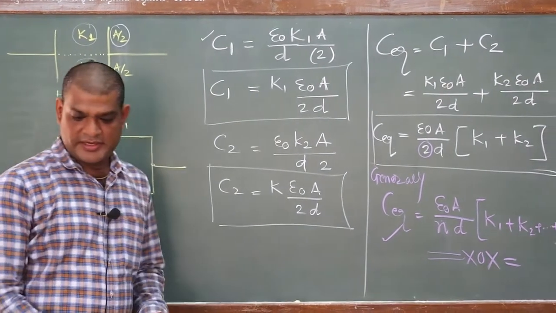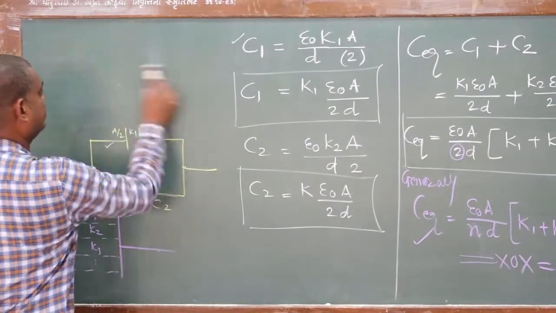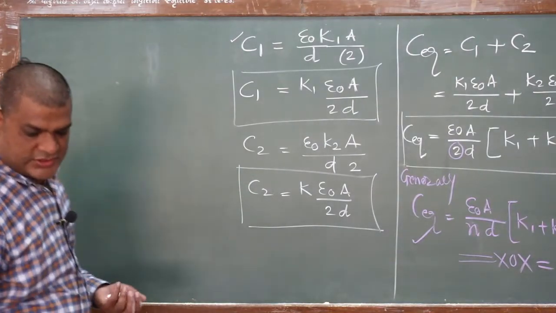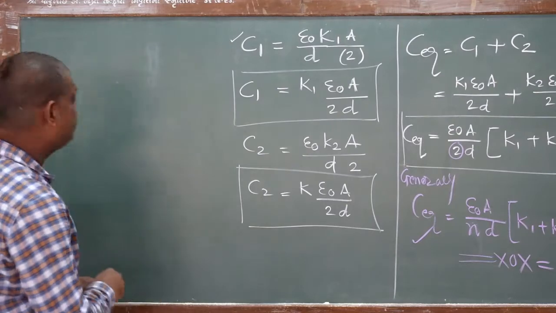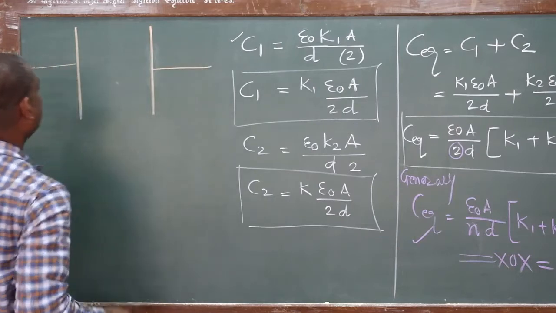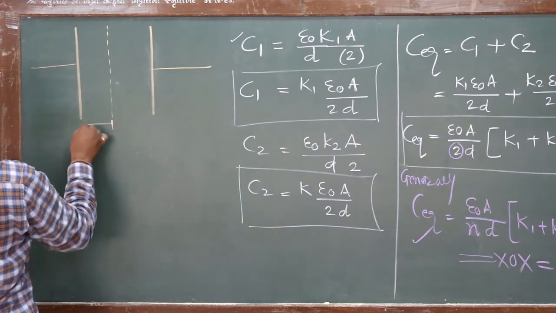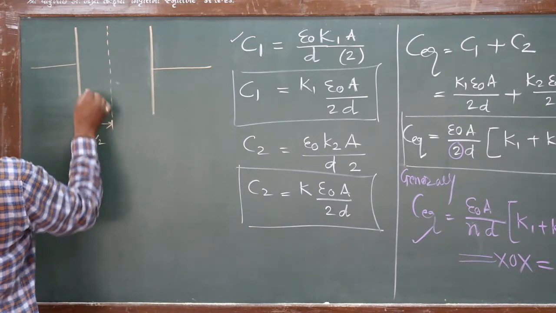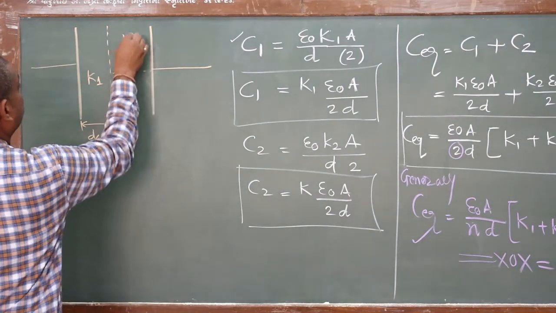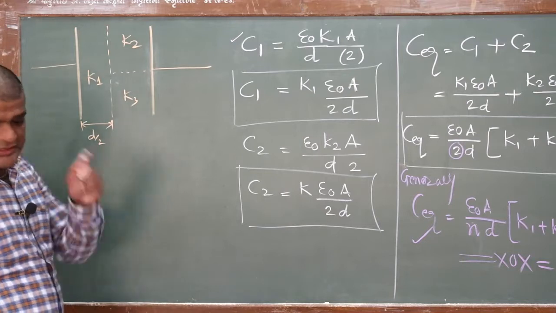We will move towards the next question. See the next question. Suppose the diagram is like this. Here is the dielectric up to the D by 2 separation. The dielectric medium is K1, and here K2 is the dielectric medium kept, and here K3 is the dielectric medium kept.